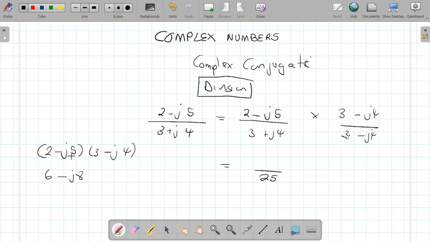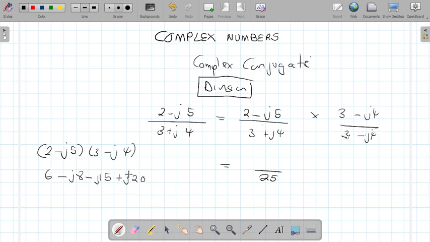Now what is minus j5 multiplied by 3? That is going to be minus j15. Now this is plus j squared, and what is 5 multiplied by 4? 5 multiplied by 4 is 20.